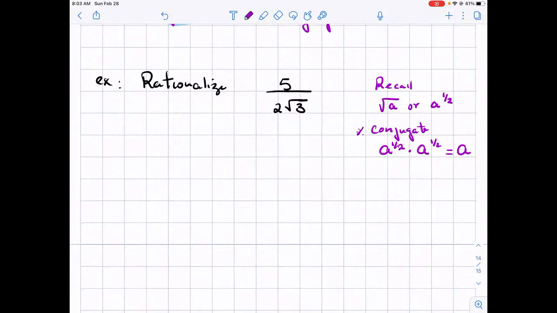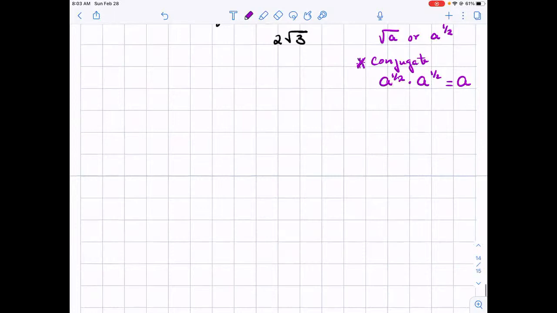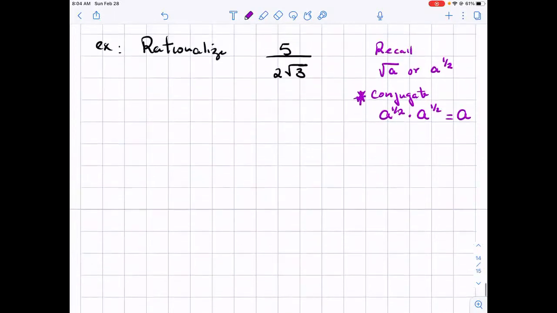And this is important when it's, for example, a cube root or any other root.